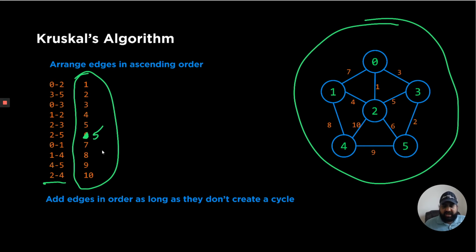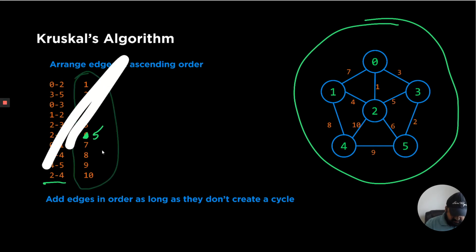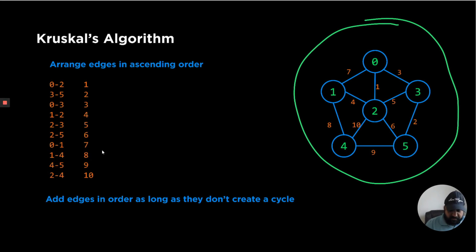We keep on adding edges to this new tree unless it creates a cycle. In this case, we start with 0, 2, since the weight is 1 and our minimum spanning tree is right now completely empty.